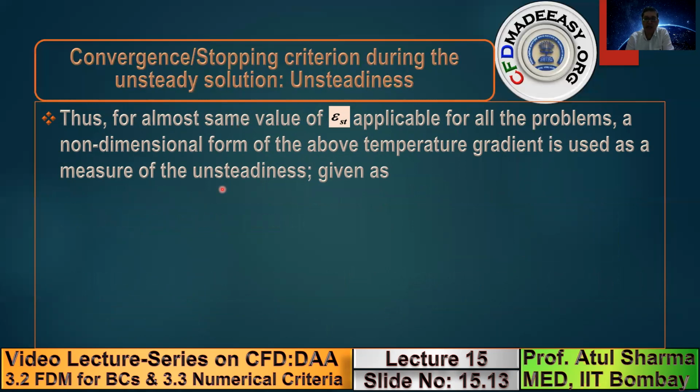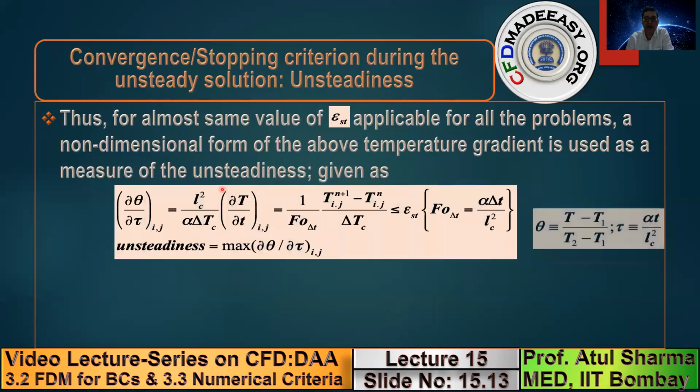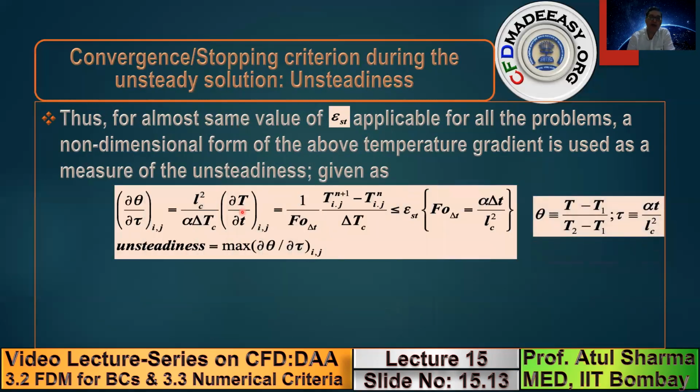You can use it, there is no harm in using a dimensional form, but if you are doing a study which involves a lot of materials and you are doing a comprehensive study, then it is suggested that instead of the dimensional temperature gradient, you should consider the non-dimensional temperature gradient, where you define non-dimensional temperature as T minus T1 divided by T2 minus T1.